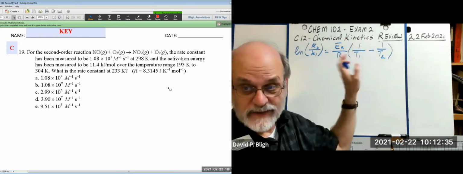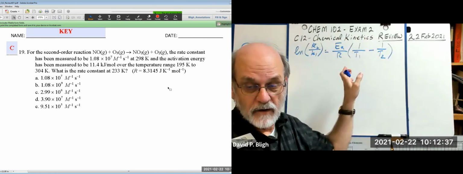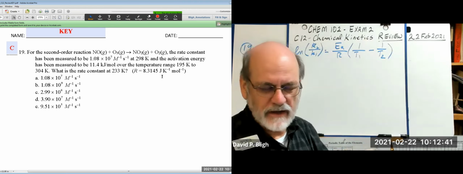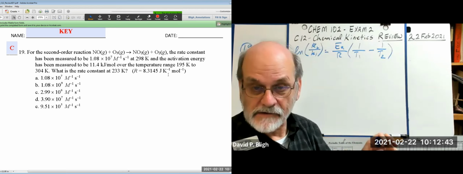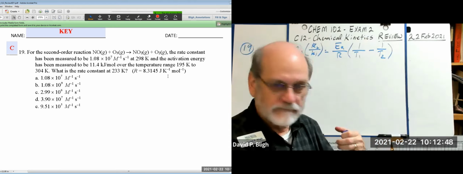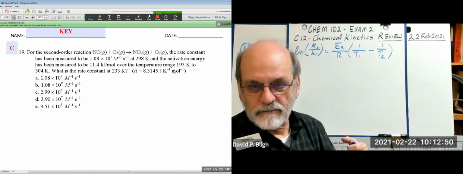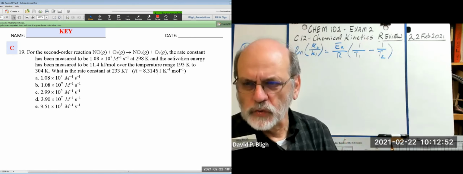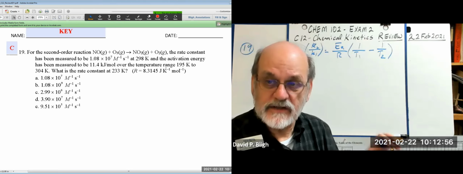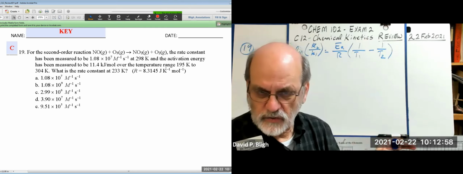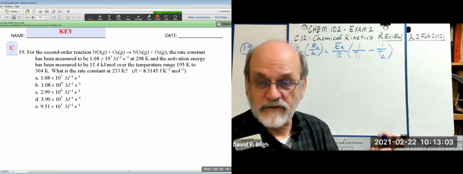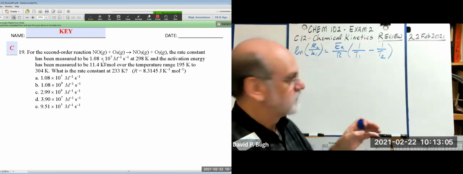These temperatures have to be in K, right? Why? Because the universal gas constant is in K. And we have to have moles, and we have to have joules, right? The universal gas constant is in terms of joules, not kilojoules. So this kilojoules has to be converted to joules.